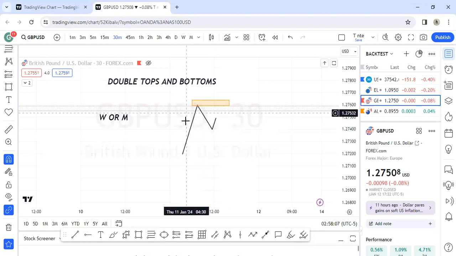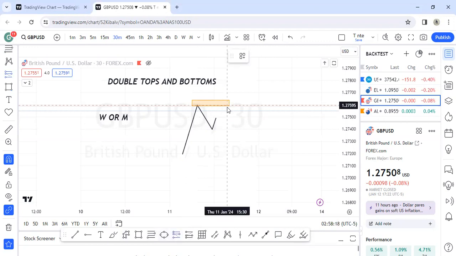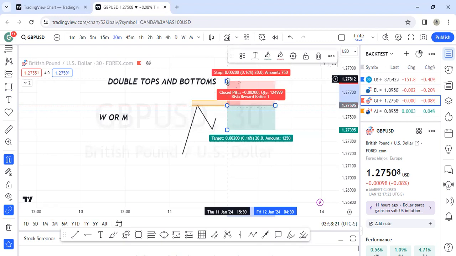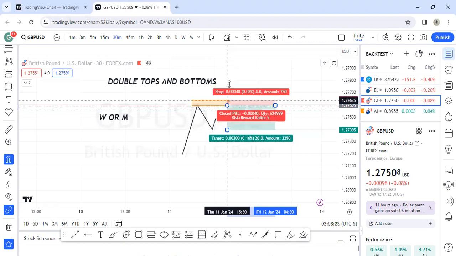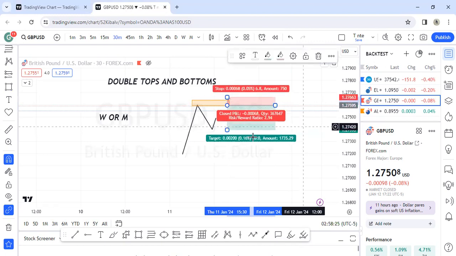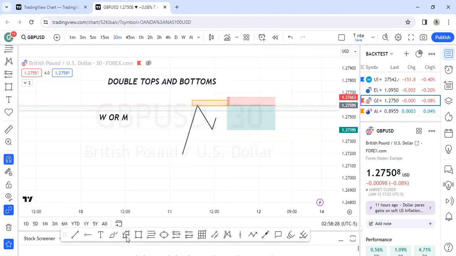Because the market dropped heavily from here, they'll be like, okay, this is a resistance level, right? So they now put probably their sell limit. Some of them put their sell limit directly there, and the stop loss will be maybe some pips above that double top, right? And then they're expecting the market to come to that point and then sell off, right?